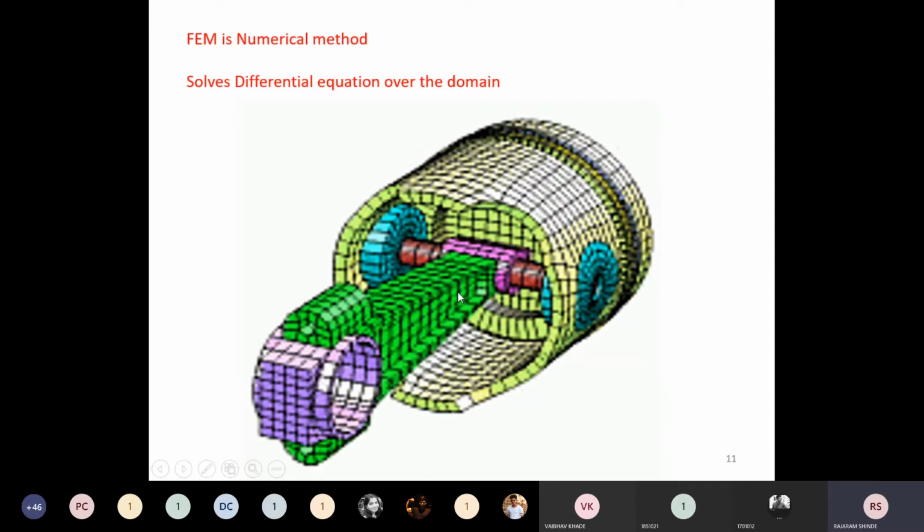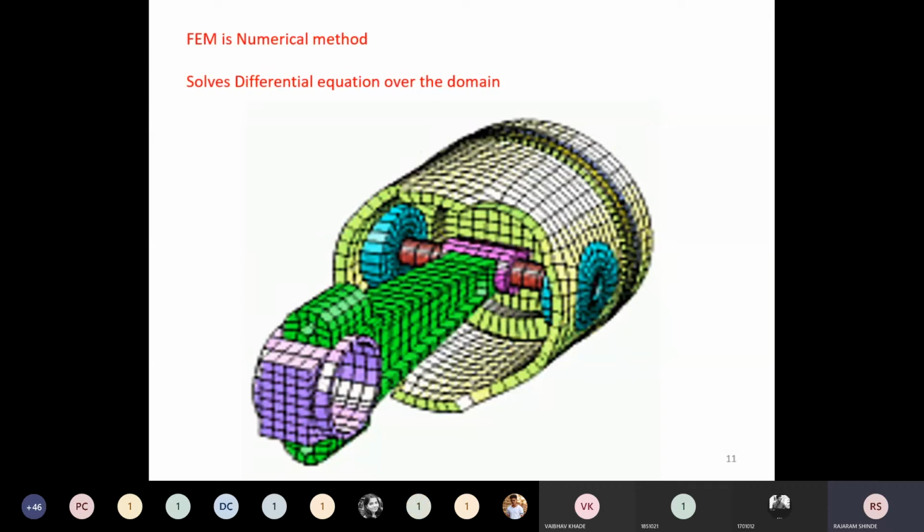How to solve the differential equations, and how it is a numerical method, you will get that idea in later slides. Before going to the detailed idea of the finite element method, can you tell me what the different methods are to analyze or solve any system or problem in engineering?